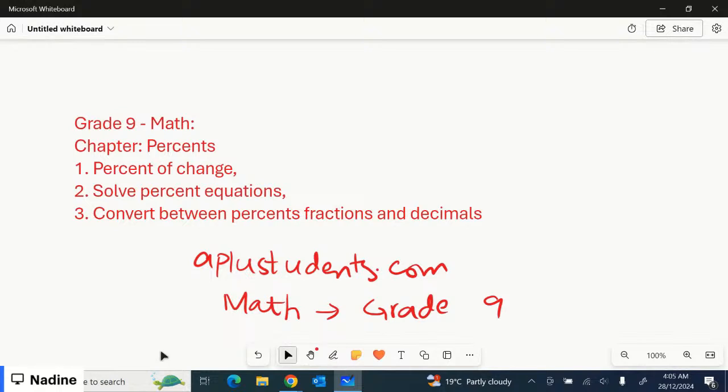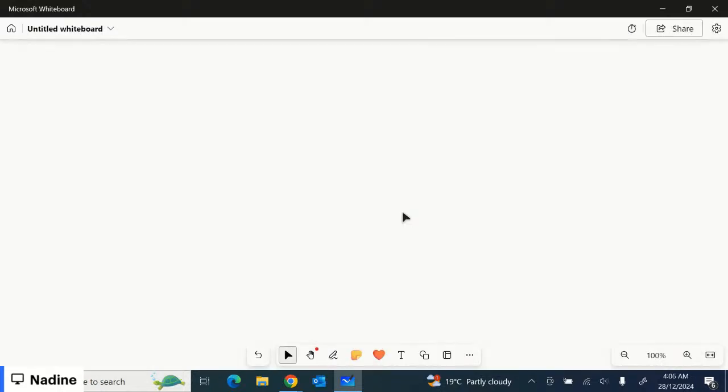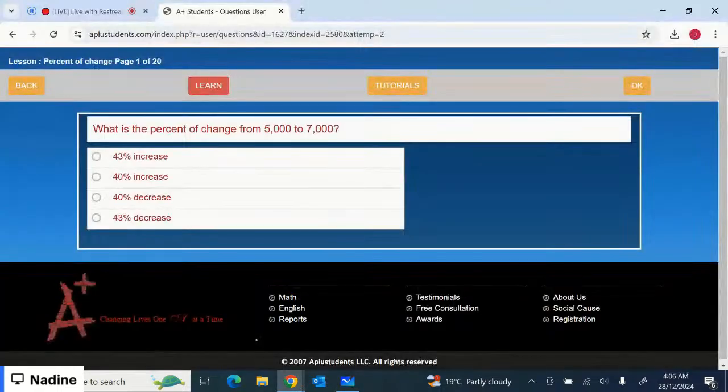The value is increasing by 2,000, right? The starting value is 5,000, so the amount of change is 2,000. The original value is 5,000. So 2 by 5 is 0.4. That means that is an increase, a 40% increase. The correct option is 40% increase.